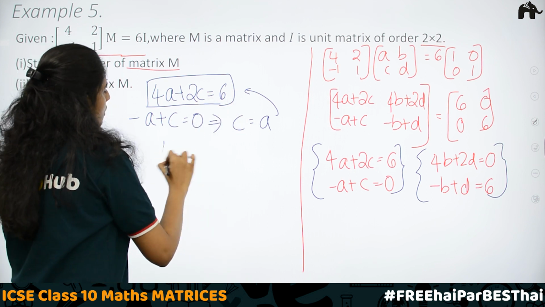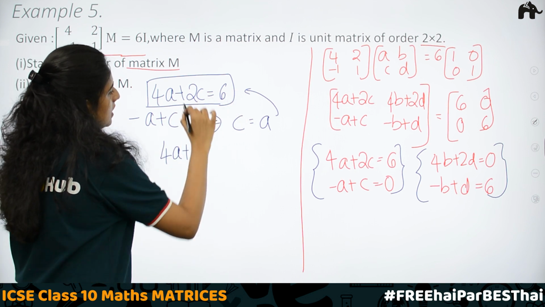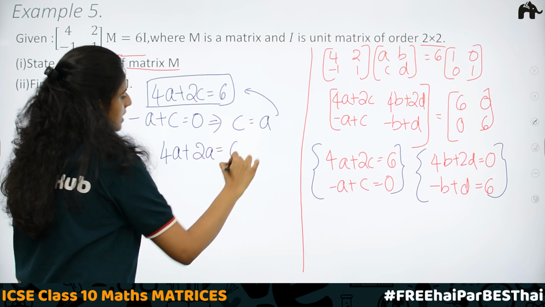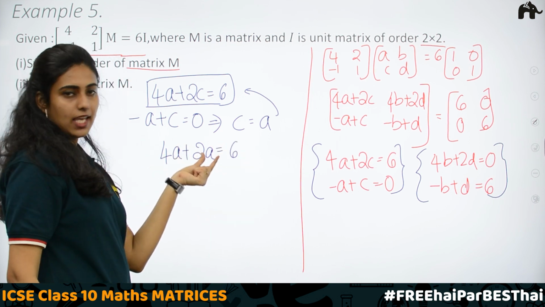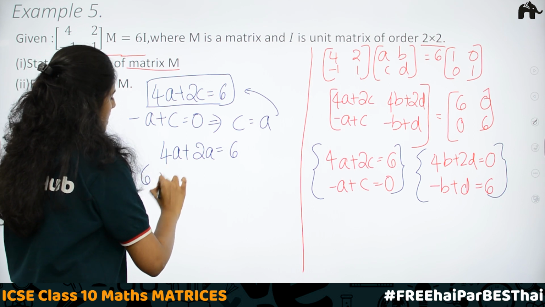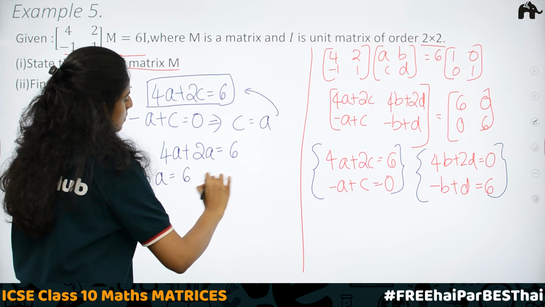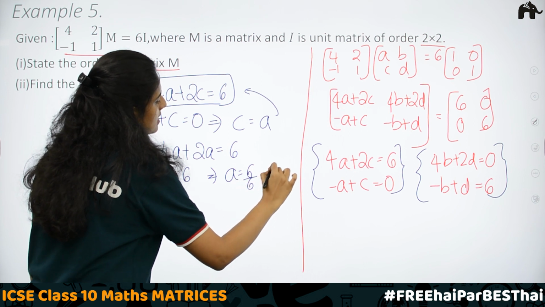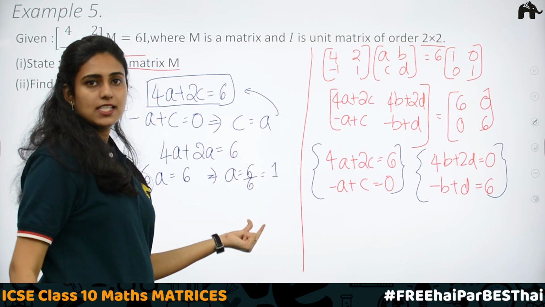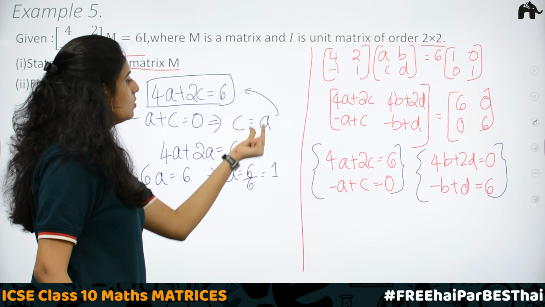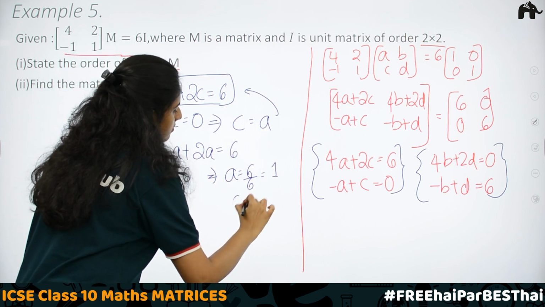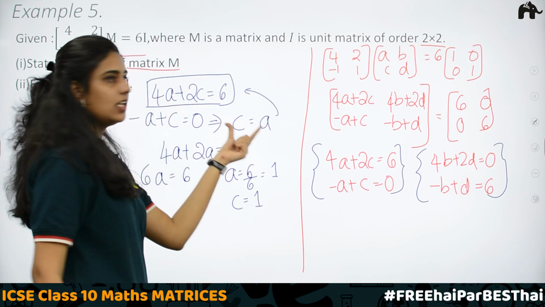What do we get? 4a plus 2 into a is equal to 6. 4a plus 2a is 6a. 6a is equal to 6, which means a is equal to 6 by 6, that is 1. If a is equal to 1, then c also will be equal to 1 because a and c are equal.